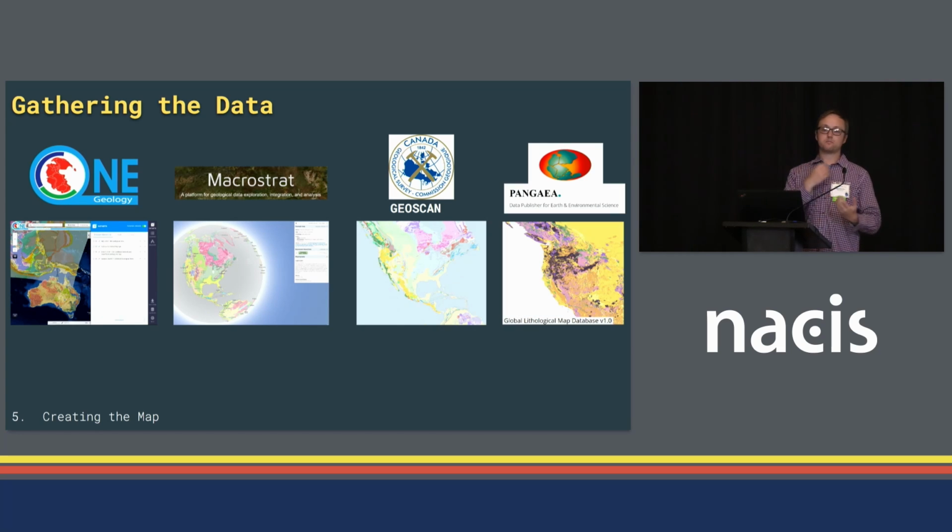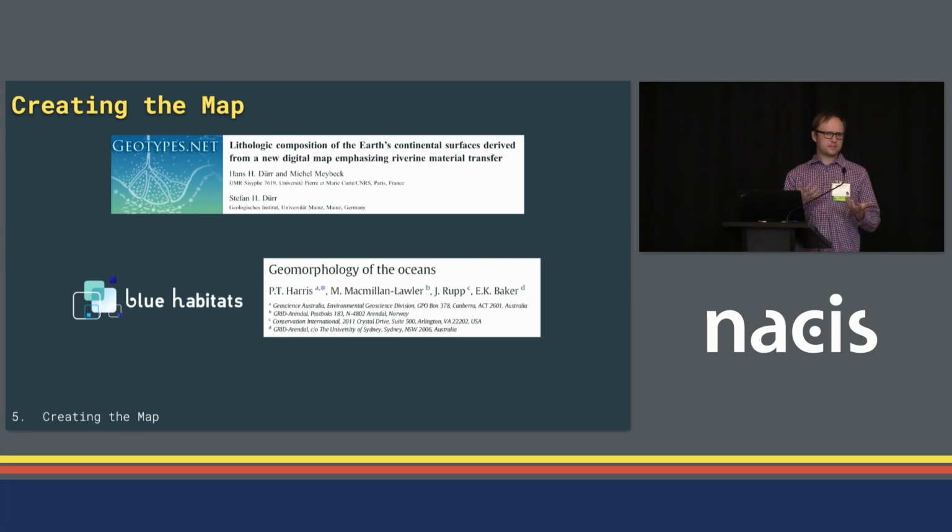And then we even have a more detailed map of the world within this global lithological map database. Ultimately, after scouring the internet, I ended up using these two data sources. One's a 2005 data source that I used for all the areas on the land, and then I also pulled another data source so that I could depict the rock types beneath the oceans.